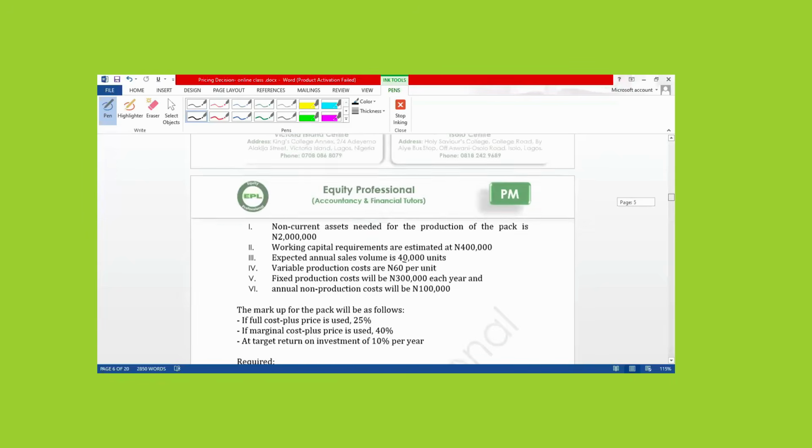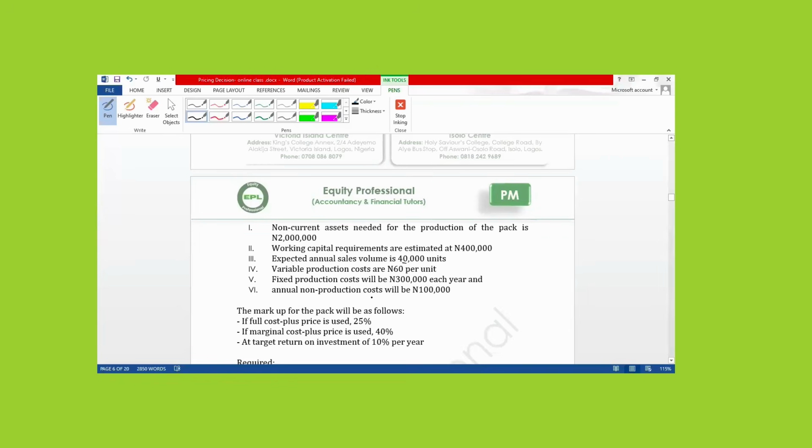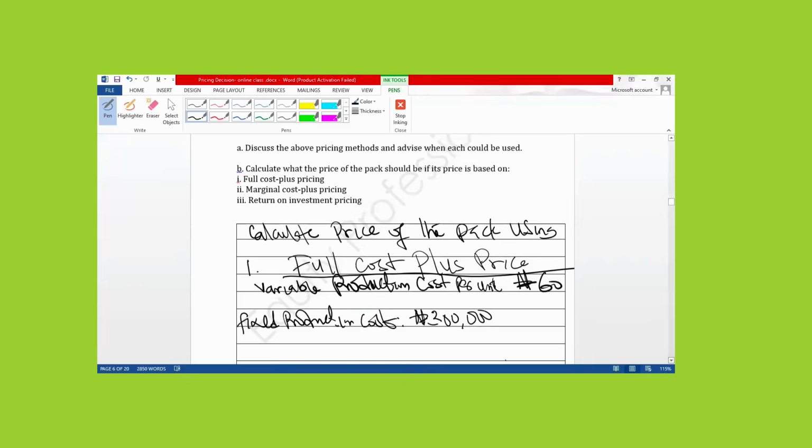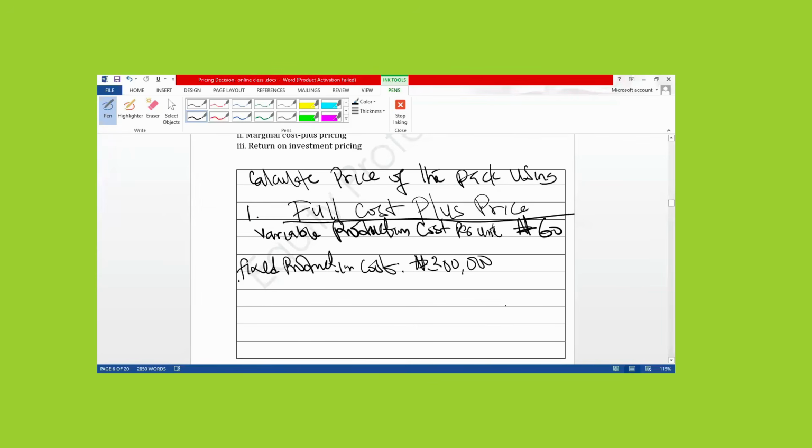I'll go again. Annual non-production cost. We are going to incur non-production cost also. For full cost, you must pick all the costs. Non-production cost, 100,000.